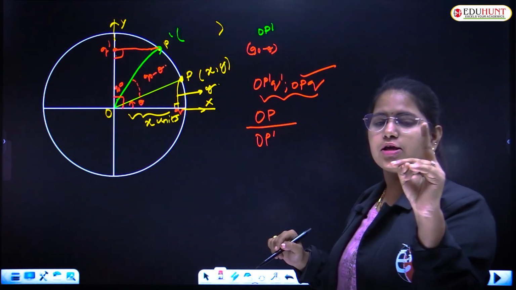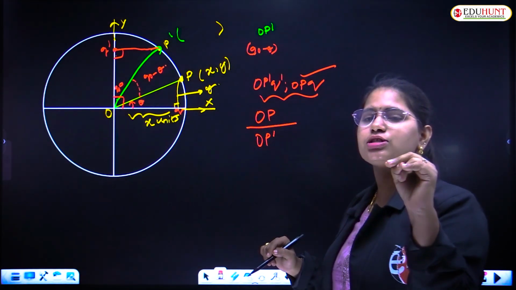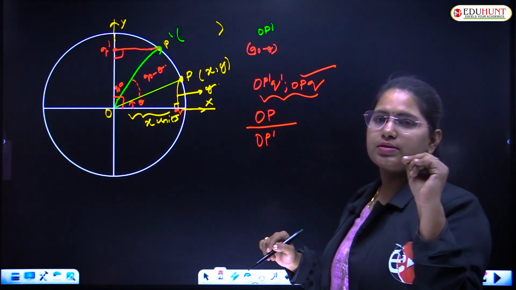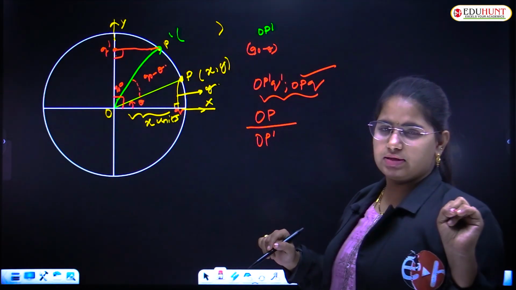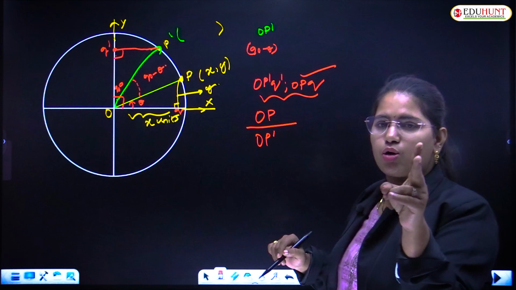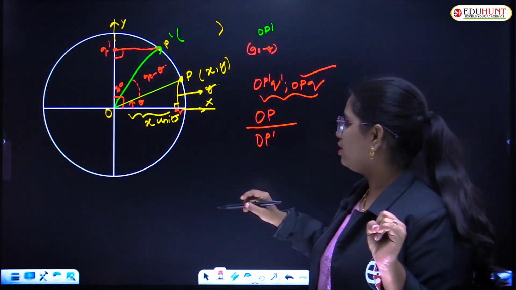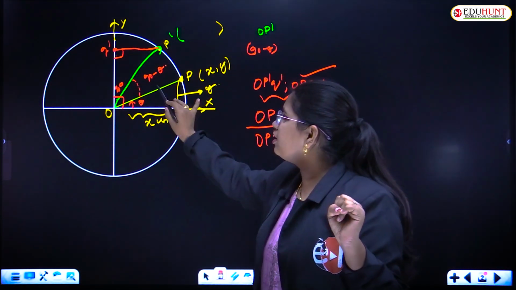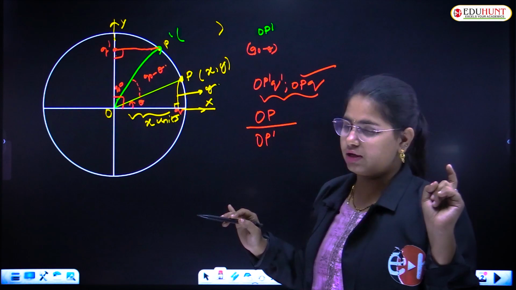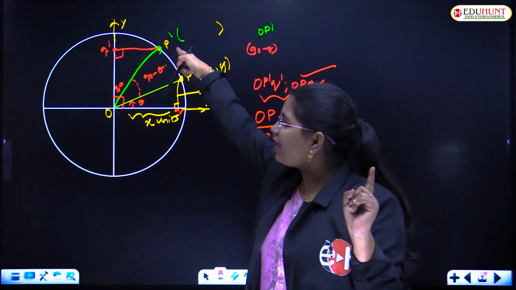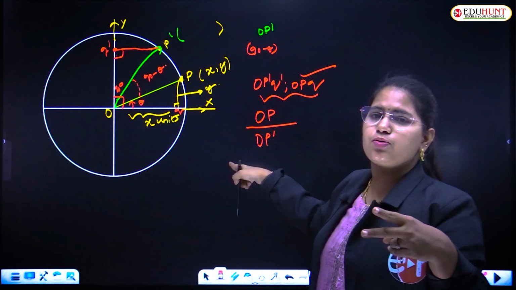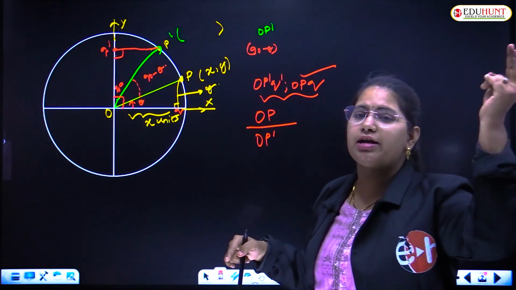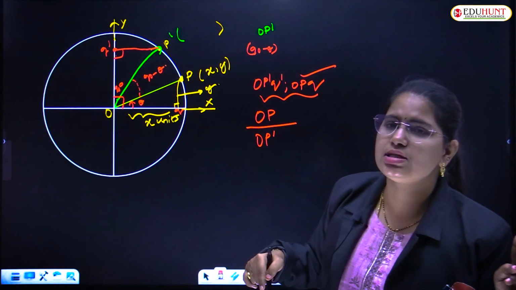First one is OPQ, second one is OP dash Q dash. By the similarity and congruency property of triangles, OP is the hypotenuse in the first triangle, and OP dash is also the hypotenuse in the second triangle. Can I say these both are equal by the similarity and congruency property of triangles?